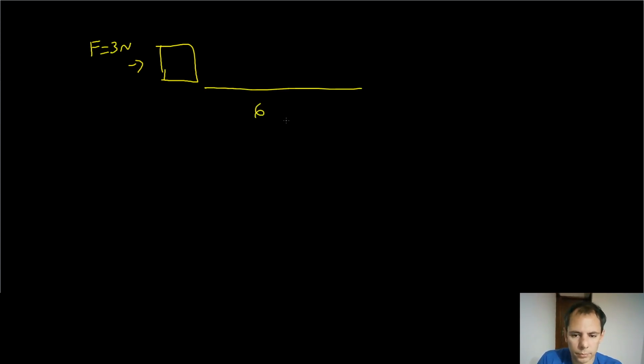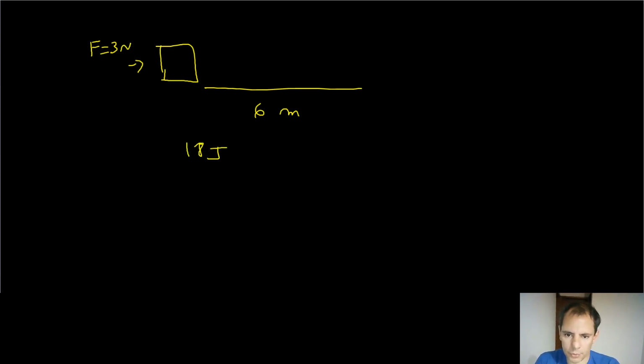For example, if you have a box and you're applying a force of 3 newtons, and you're moving this box 6 meters, in the end what you're going to have is 3 times 6, 18, and it's called newton meters, which is the same thing as joules.